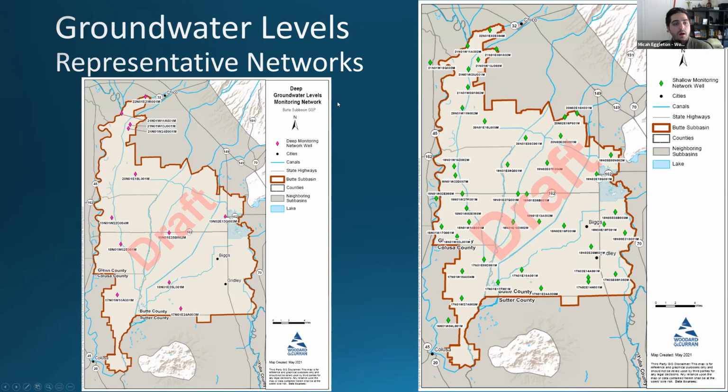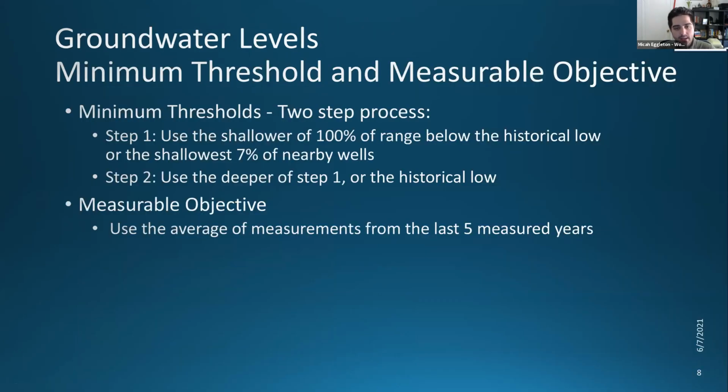All right. So we calculate the minimum threshold using a 2-step process, and these might sound confusing at first. And why are we doing this? It's to ensure that we account for all the local conditions around the basin in a straightforward way of providing the SMC calculation.